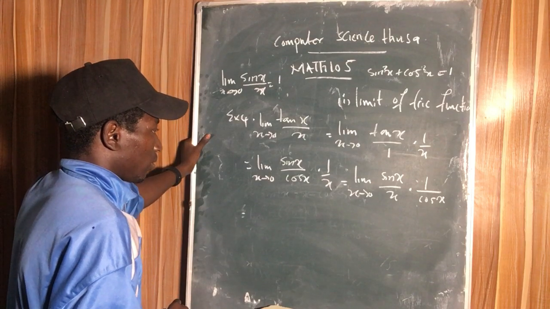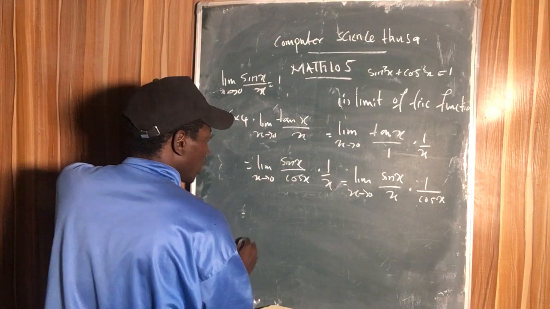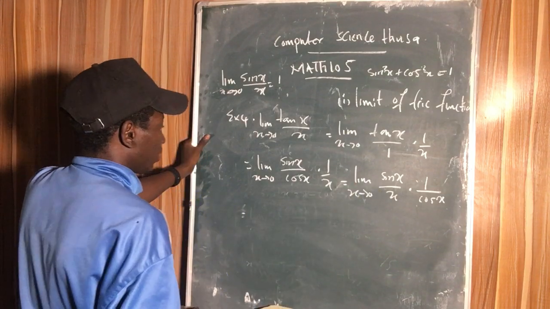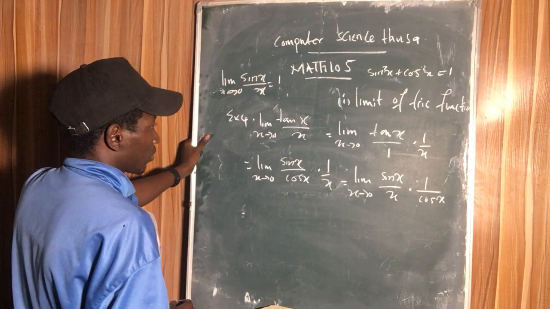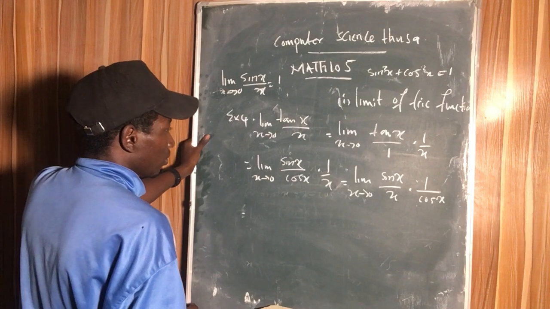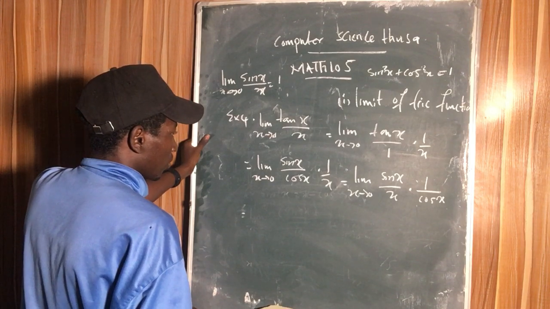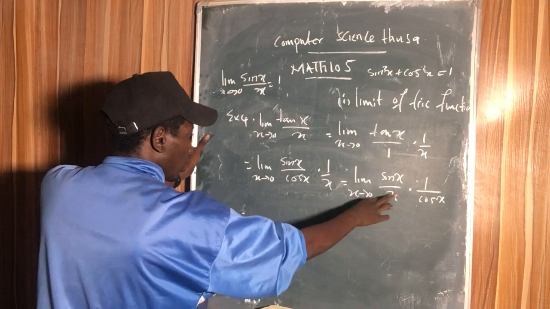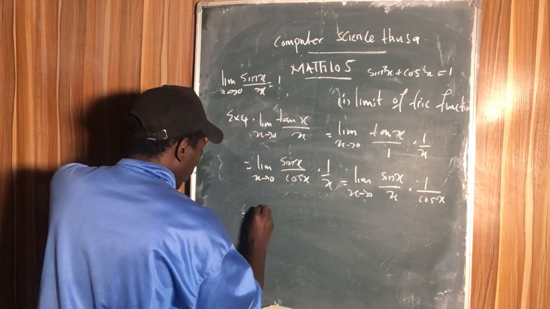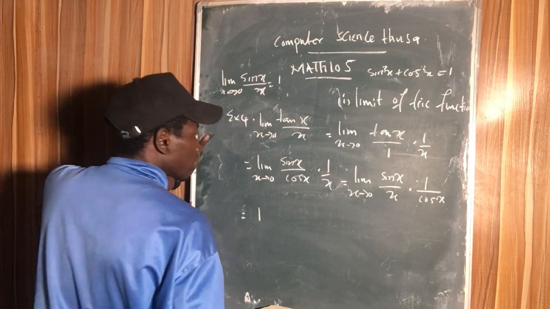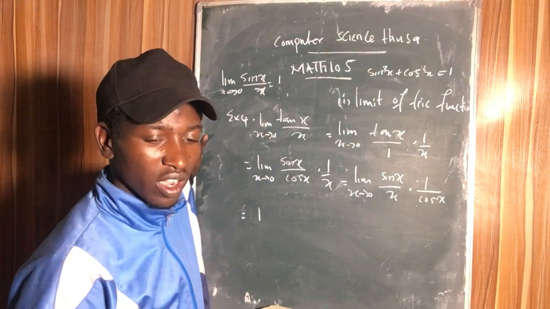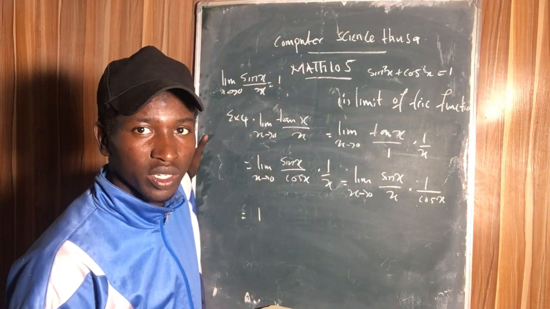So this one is going to be 1, right? So this one is 1. So we have 1 times 1 over cos 0, and cos 0 is 1. If you press cos 0 on a calculator, it's going to give you 1.